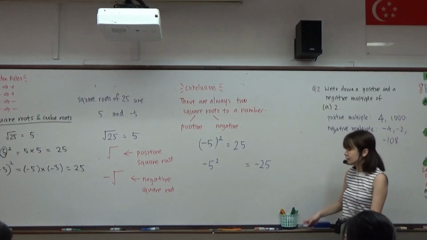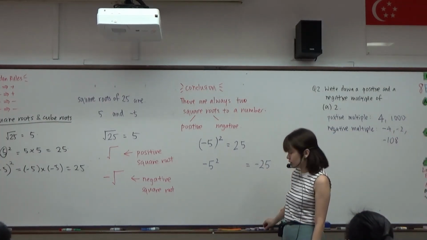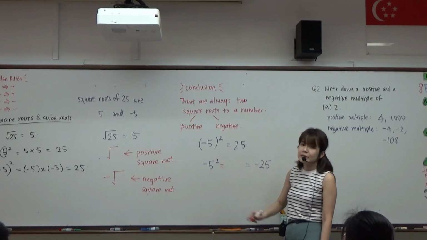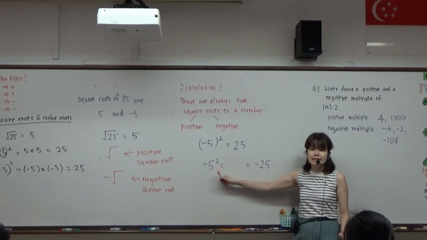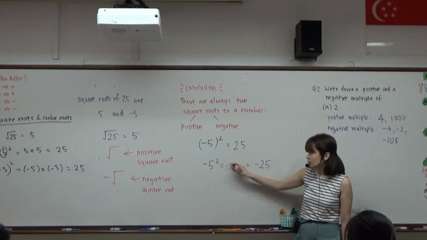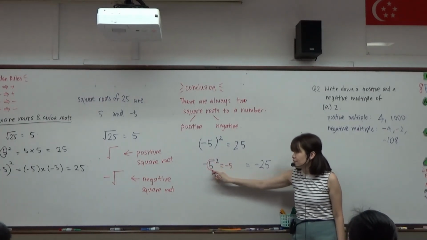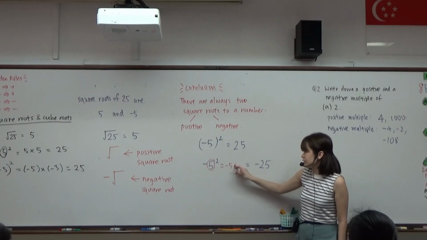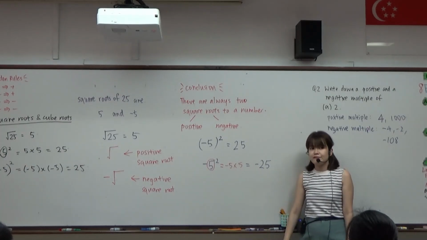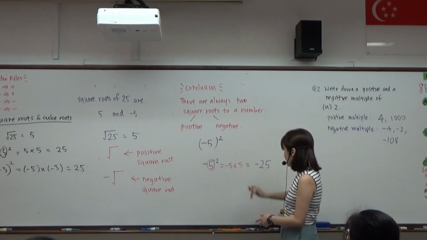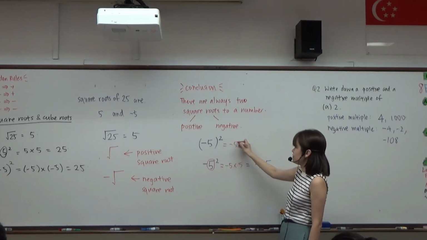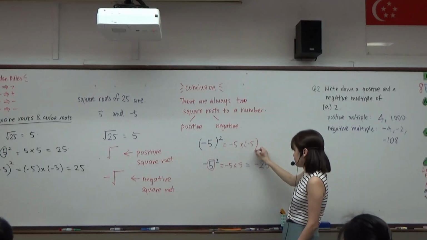This tells us that the brackets are very important. Why? Because negative 5 squared means that only the 5 itself is being squared. So it is negative 5 times 5. Whereas negative 5 bracket square means that it is negative 5 times negative 5.